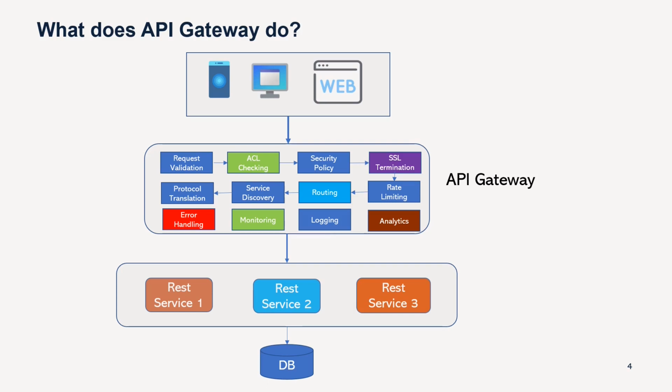The sequence I have told may not be the same sequence, but somehow it will give you an idea that these are some steps performed by the API gateway, and how it is helping the services offload these functionalities to the API gateway, so that the APIs or developers can focus on the business logic rather than worrying about the request validation or security policy or other things. So it's basically a really great component in terms of microservices architecture.